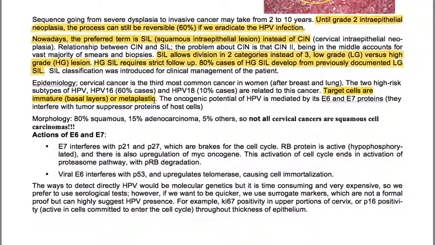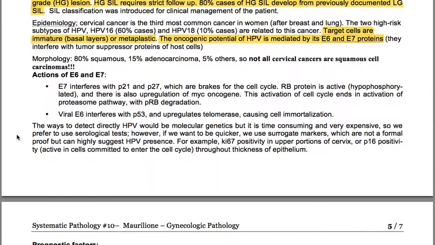The oncogenic potential of HPV is mediated by E6 and E7 proteins that interfere with tumor suppressor proteins of host cells. Morphology: 80% are squamous, 15% adenocarcinoma, 5% others, so not all cervical cancers are squamous cell carcinomas.